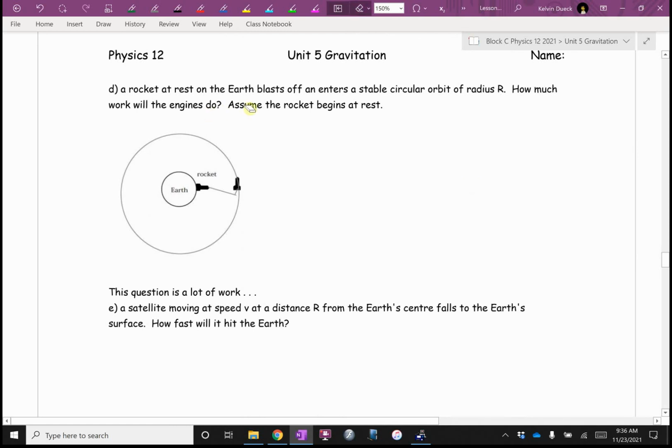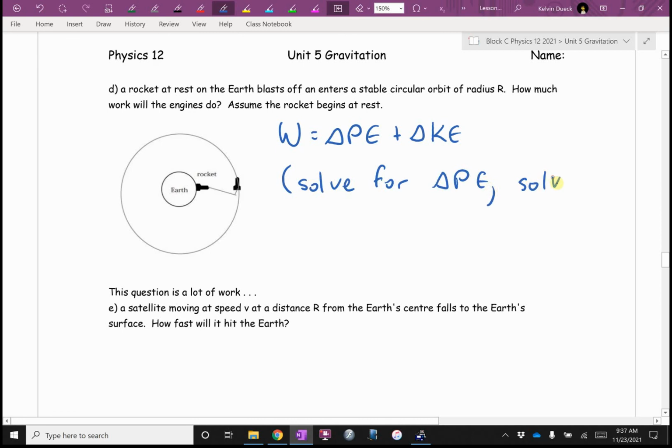A rocket at rest on the Earth blasts off and enters a stable orbit. How much work will the engines do? Well, now that we're in orbit, it's going to be change in potential plus change in kinetic. Solve for change in potential. Solve for change in kinetic. And then add them.